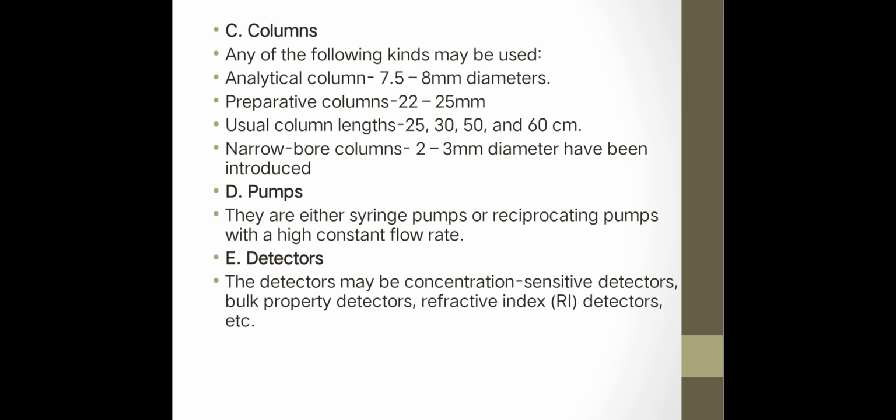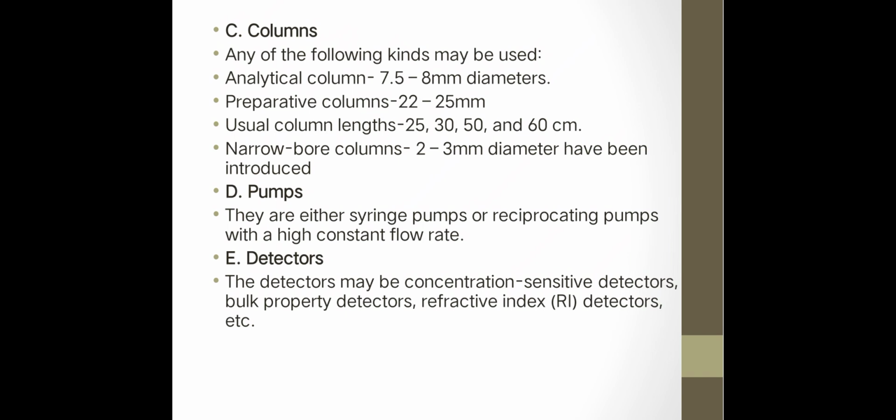The columns preferable for this chromatography are the analytical column, which is 7.5 to 8 mm in diameter, and the preparative column, 22 to 25 mm in diameter. The usual column length will be 25, 30, 50 or 60 centimeters. Narrow bore columns 2 to 3 millimeters in diameter can also be used.